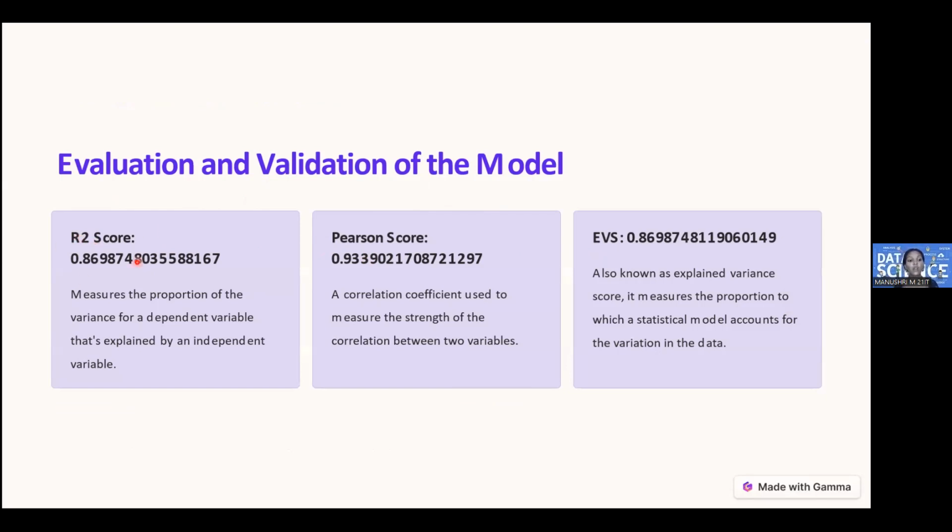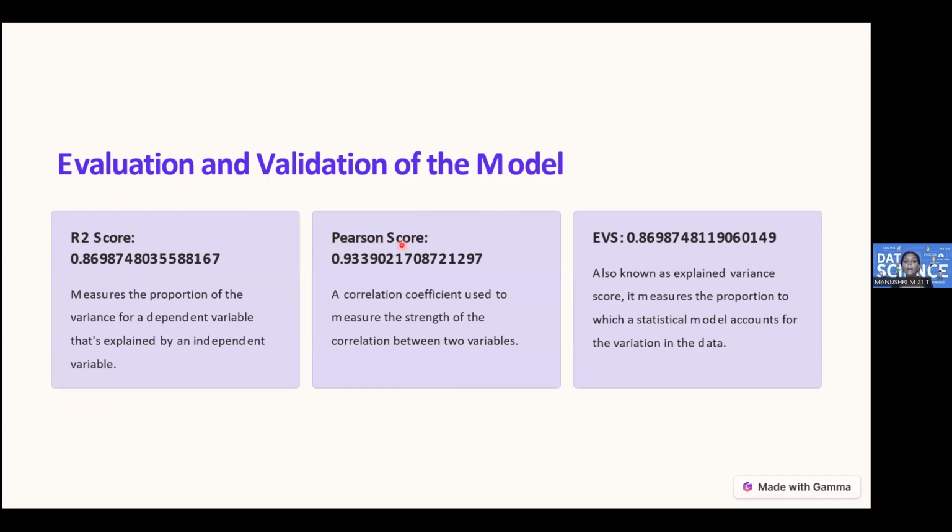The R square value, as I said, ranges between 0 and 1, where a value nearer to 1 means the model is best suited, and a value nearer to 0 means it is not much suitable.